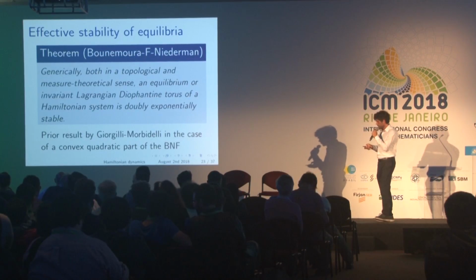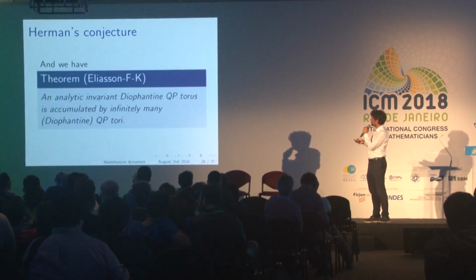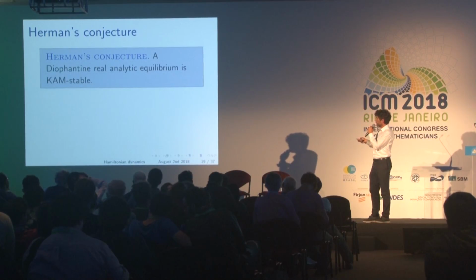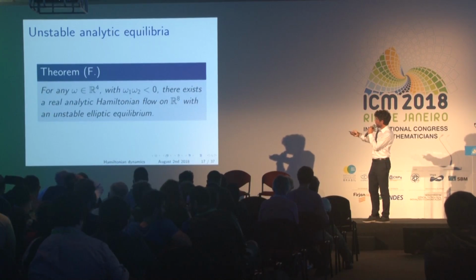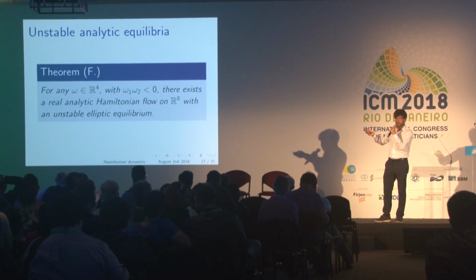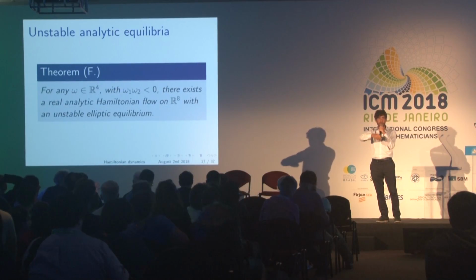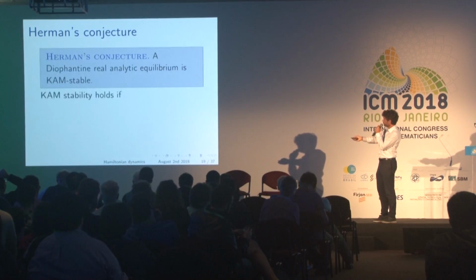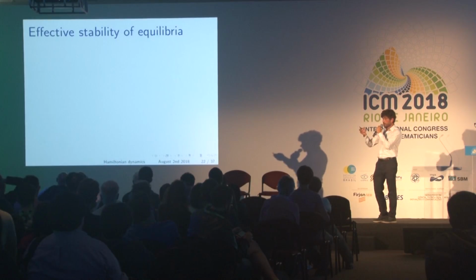And that's it. I just wanted to say that when we construct the unstable elliptic points, we didn't do the computation, but we believe the time can be proven to be exponential. So the time it takes you to leave the neighborhood R will be exponential of 1 over R, which shows that the Nekhoroshev estimate is optimal.